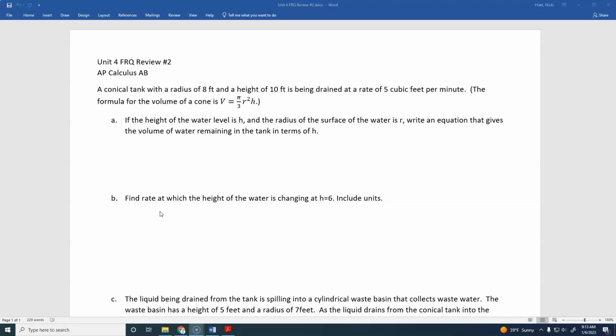I can't remember if I put a problem that involves circumference, but circumference is 2 pi times radius, and area is pi r squared. You want to make sure that you know those things, because they will not give you formulas for things like that.